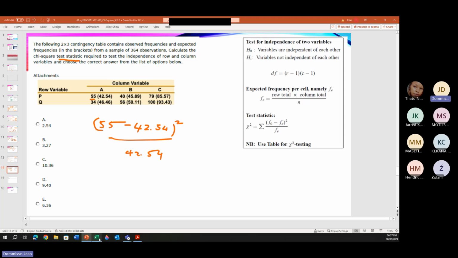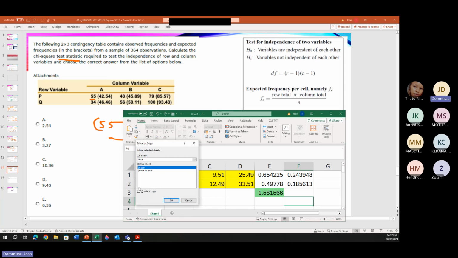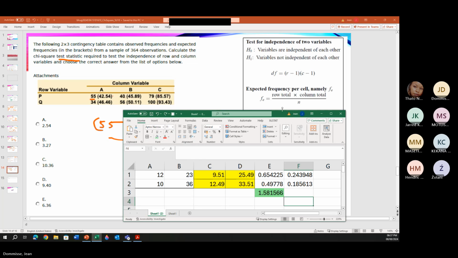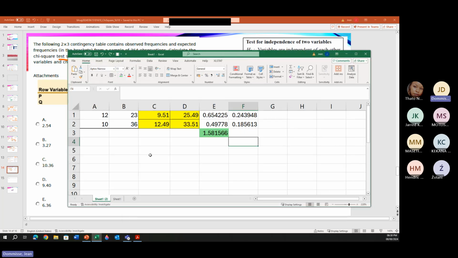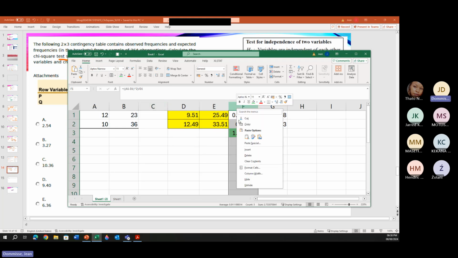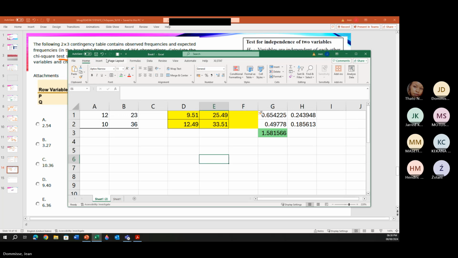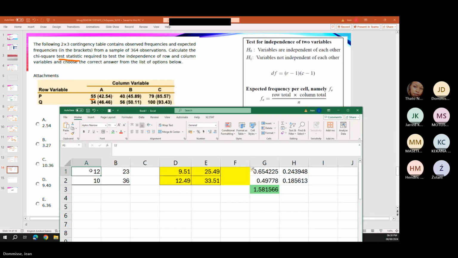And then you need to do it for all of them. So I would rather do it in Excel again. Let's change this a bit. Let's just insert 55. Okay, so that for now will be all wrong because we're only looking at the two numbers.